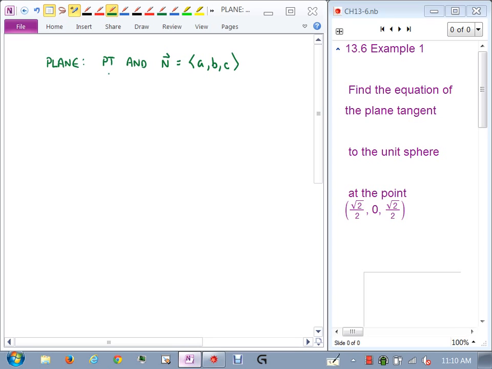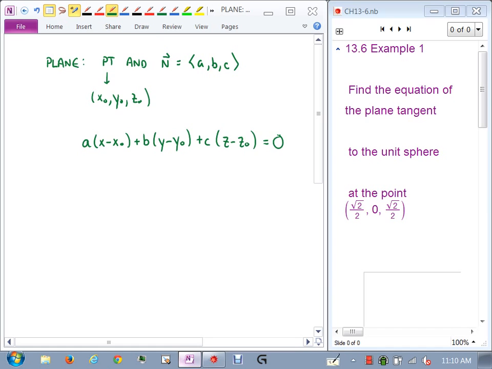The point, we called that x naught, y naught, z naught. And then the equation was A times (x minus x naught) plus B times (y minus y naught) plus C times (z minus z naught) equals 0. So that's the equation of a general plane, right? Did that way back in the first chapter.